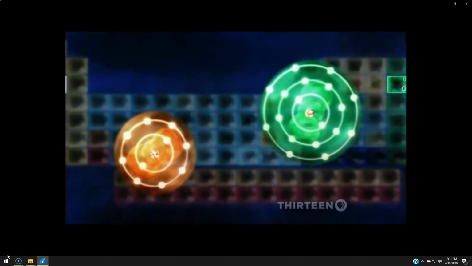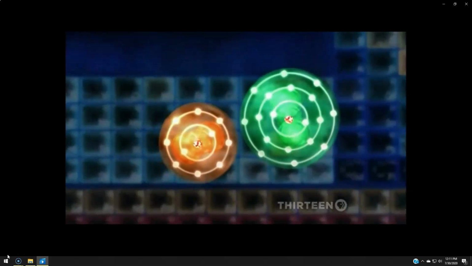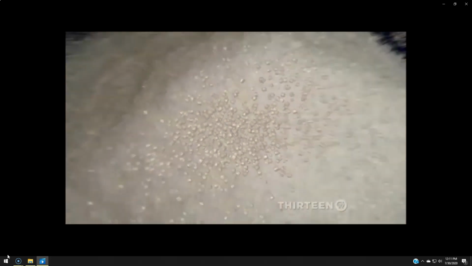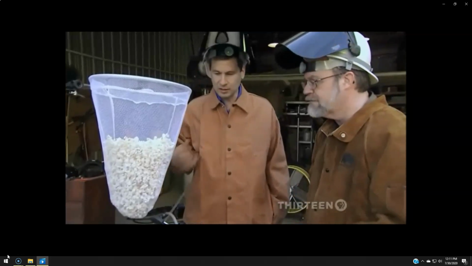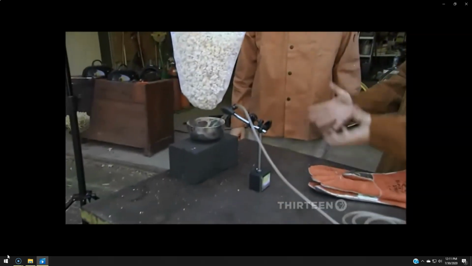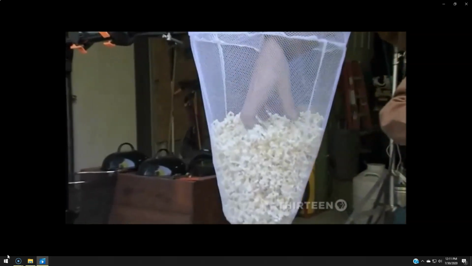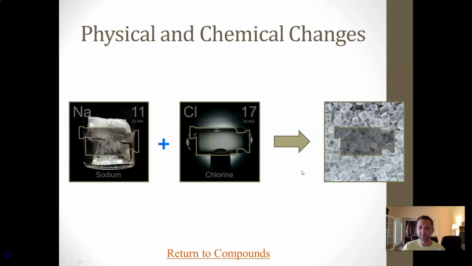Once the handoff was complete, both atoms wound up with full shells, making them stable, and able to join together to form a crystal compound we can't live without. Sodium chloride, table salt. Now, I don't exactly see a pile of salt anywhere. Now, the salt, most of it went up in the smoke. It went in the popcorn. Tastes like salt. The good stuff. Fresh. Even salt. The freshest salt at Teo's farm.